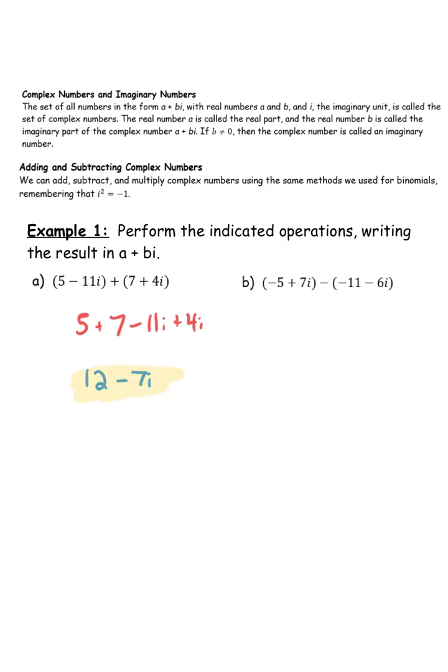Okay. Over here, again, I'm going to work it down where I write things side by side. -5, do not get bamboozled by the negative. Plus 7i minus, again, do not get bamboozled by the negative. So then here, we have -5 plus 11 plus 7i plus 6i, which gives me 6 plus 13i for my final answer.